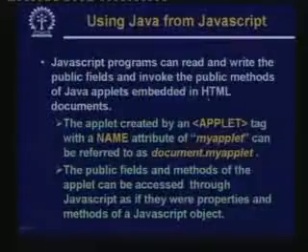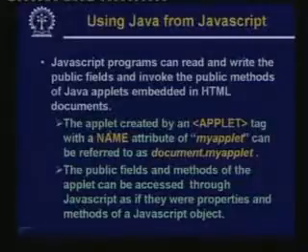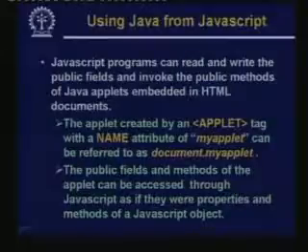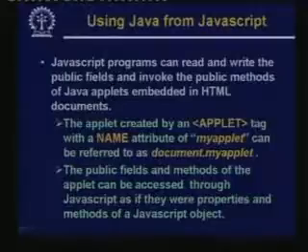This is quite natural, and an applet in Java is created by using an applet tag in HTML. The applet tag contains a name attribute which specifies the name of an applet.